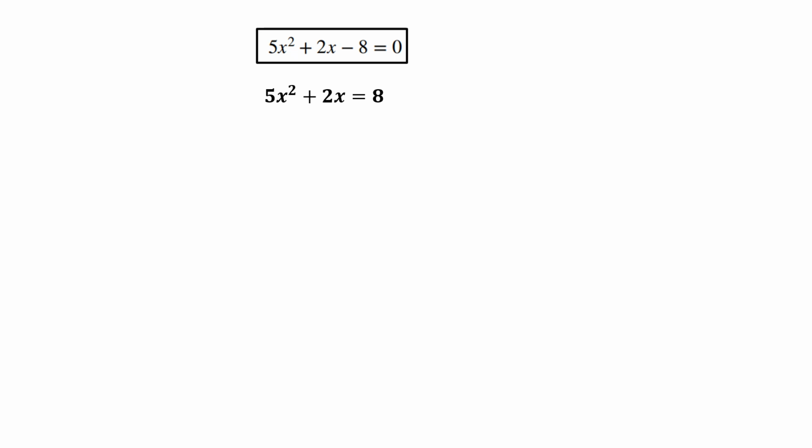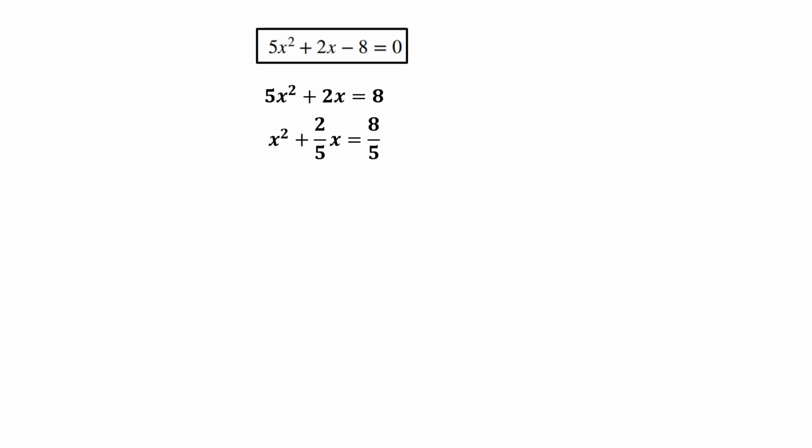Now let's complete the left side. Take 5 out as a common factor. So you'll have, oh, I did even something cool. I just divide everything by 5. That's even better. So I divided everything by 5, so I got x squared plus 2 over 5 x equal 8 over 5. That's cool.